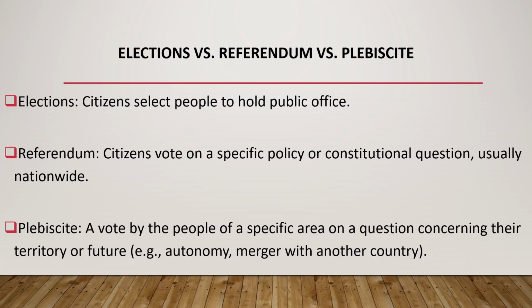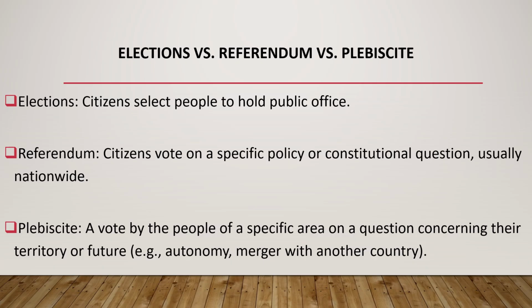Now, looking at the plebiscite. A plebiscite is a vote by the people of a specific area on a question concerning their territory or future. A classic example of this in Ghana is the UN-supervised 1956 British Togoland plebiscite.